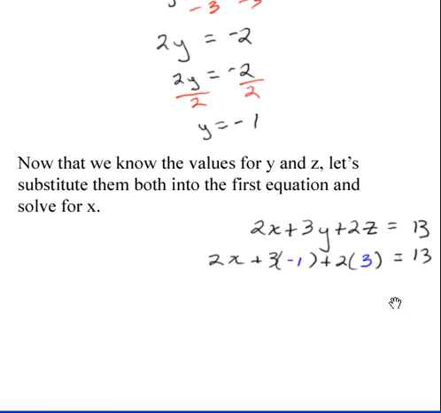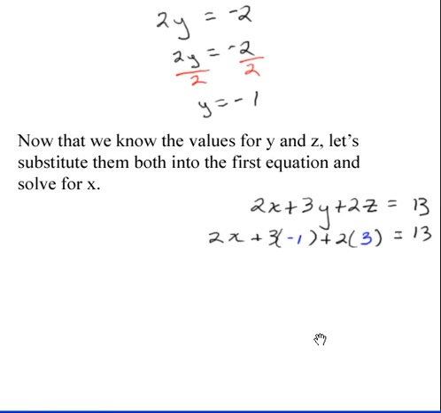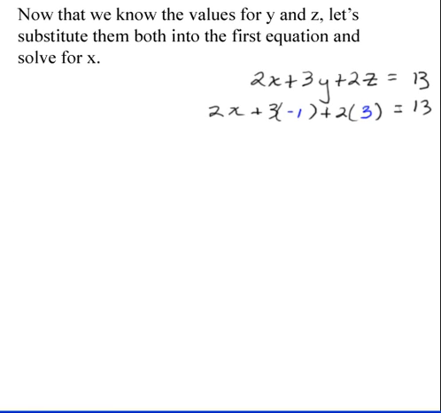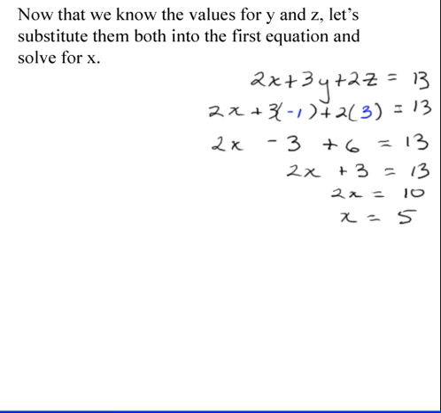We're going to substitute in negative 1 for y, 3 for z, and we're going to find out what x is. So 3 times negative 1 is negative 3, 2 times 3 is 6. Negative 3 plus 6 is 3. Subtract 3 from both sides. 2x is 10. Therefore, x must be 5. So x was 5. Negative 1 represents our y value, and z value was 3.